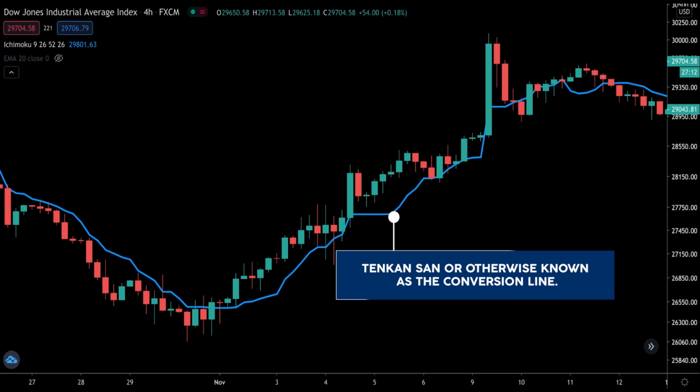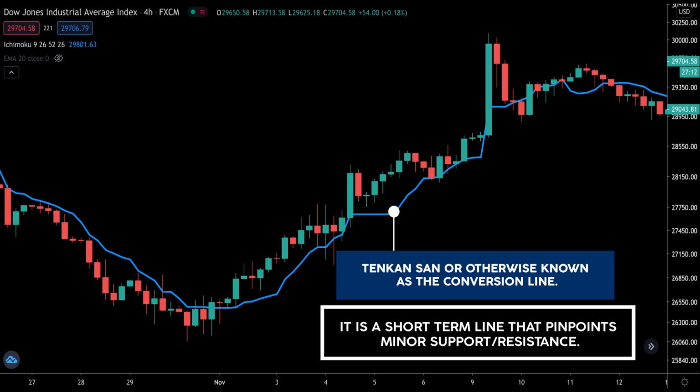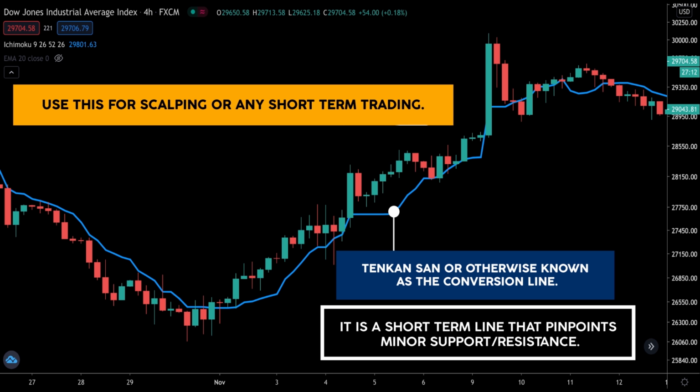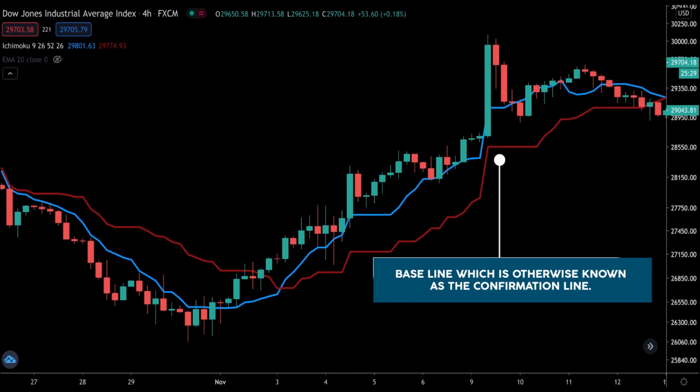First, we have the Tenkan-sen, otherwise known as the turning or conversion line. It is a short-term line that pinpoints minor support or resistance. You can use this line as a form of reference if you are into scalping or any short-term trading. Next, we have the base line, which is otherwise known as the confirmation line.